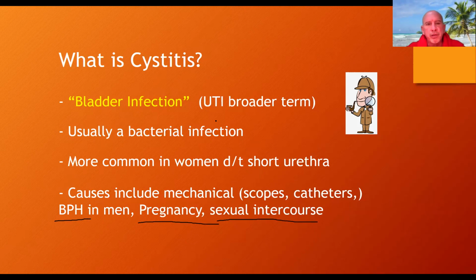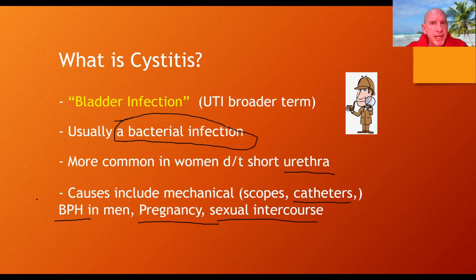Sexual intercourse, there again, because the woman's urethra is shorter, it's easier for bacterial infections to get in. Mechanical scopes and catheters. Now there again, we're talking about a urinary catheter. That's why we have to practice sterile technique when we put that catheter in, because we are increasing the chances for a bacterial infection every time we put a catheter in, or if we fail to maintain its cleanliness while they have it.